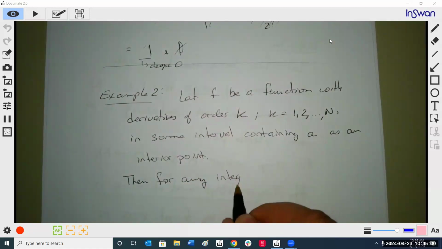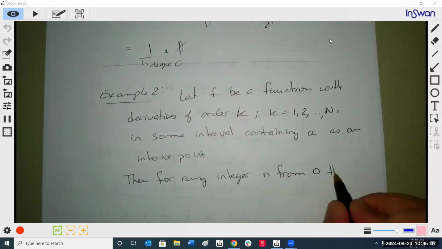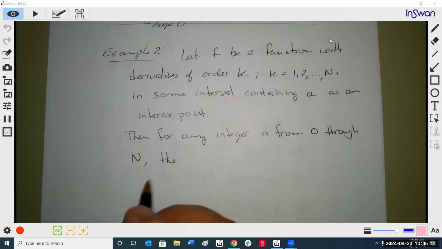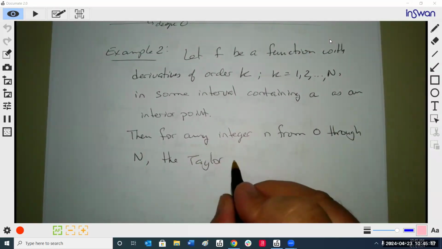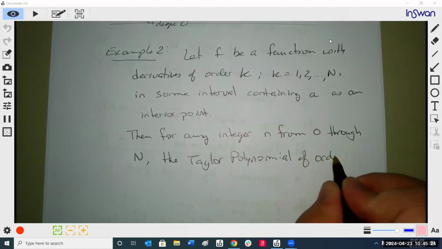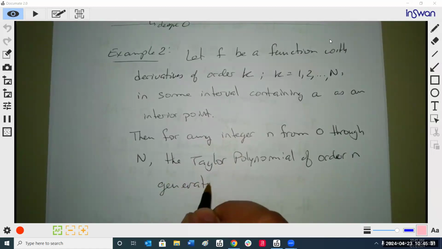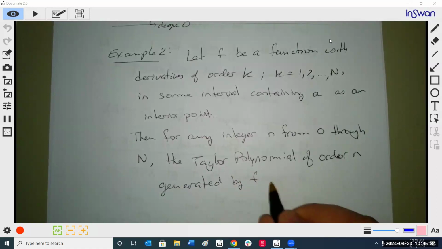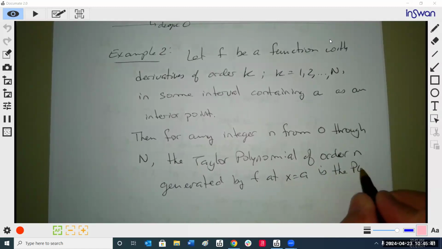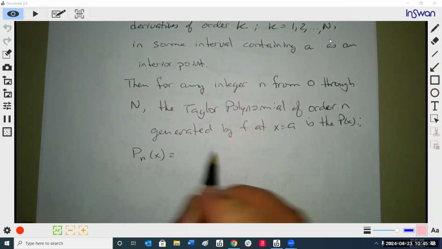Then for any integer n from 0 through n, the Taylor polynomial of order n generated by f at x equals a is the polynomial of degree n.